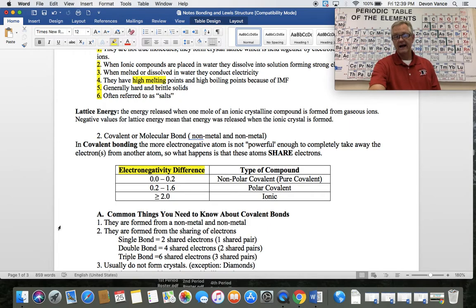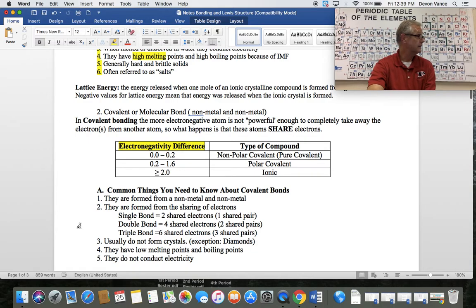But guys, honestly, I gave you this just so that you could see that you have what is called true polar or covalent compounds, but most of them just don't have all the characteristics. Just like with ionic compounds, some of them don't have all the characteristics, because there's a big leeway of difference.